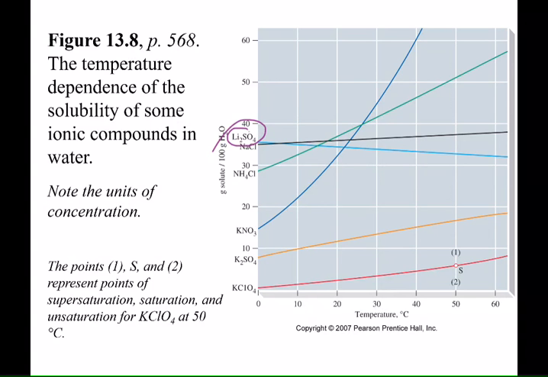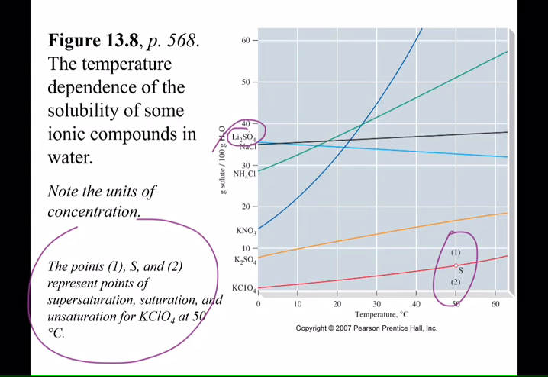The other thing before I move on, this caption down here is kind of nice. It picks on potassium perchlorate, on those points there. At 50 degrees, region 2, if you had this much potassium perchlorate in 100 grams of water, would you be saturated or unsaturated?